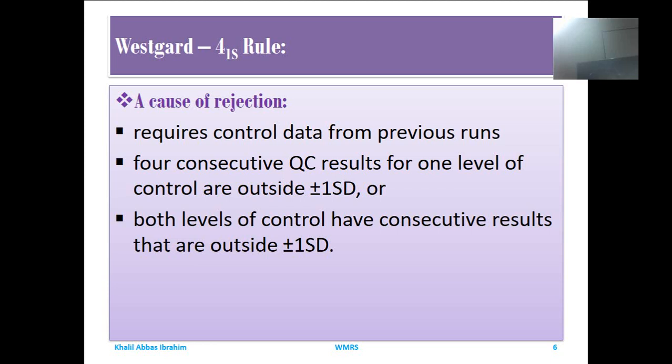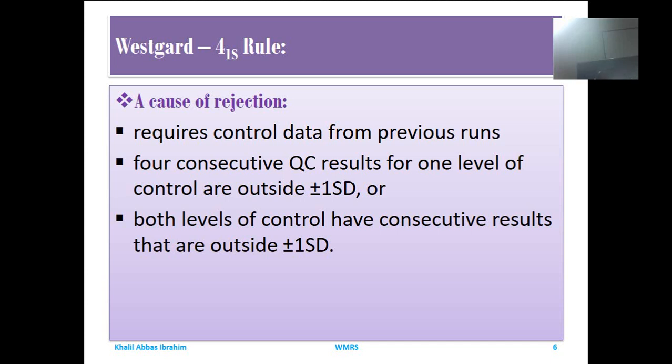QC results for one level of control are outside plus or minus 1 standard deviation, or both levels of control have consecutive results that are outside plus or minus 1 standard deviation.